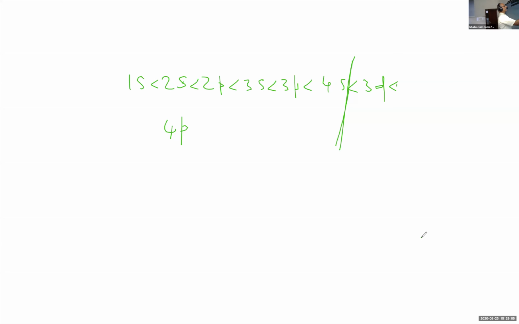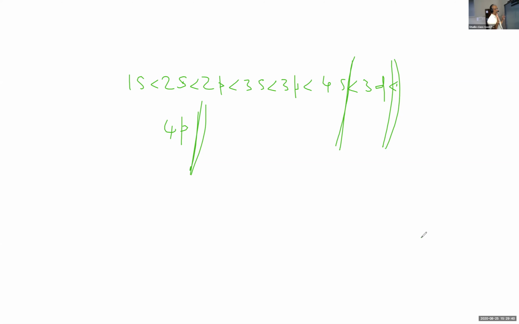Remember up to this. So 1s, 2s, 2p, 3s, 3p, 4s, 3d, 4p. Let me include this also. At least this you study. That is enough for us for the time being. That is the order of the energy.